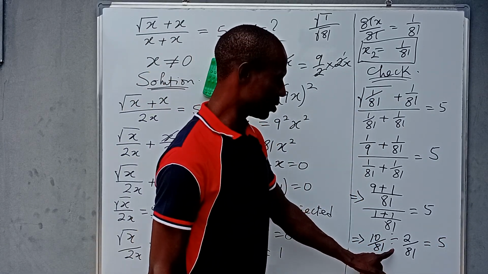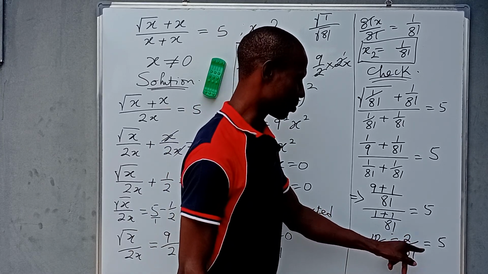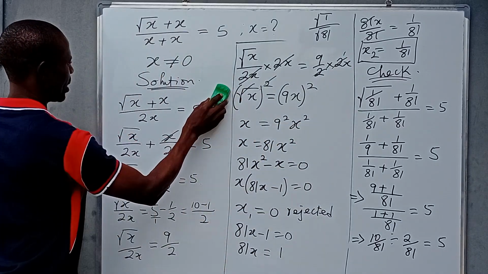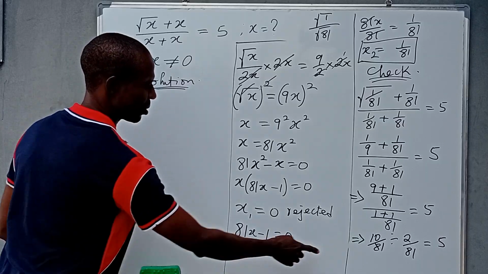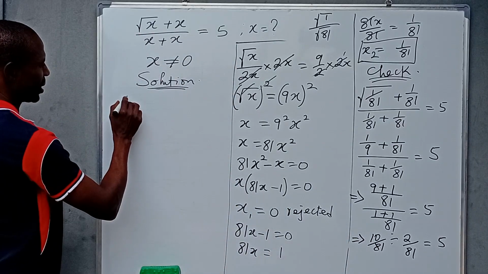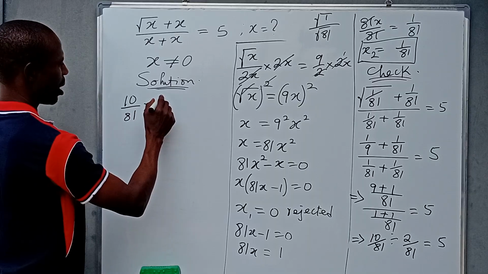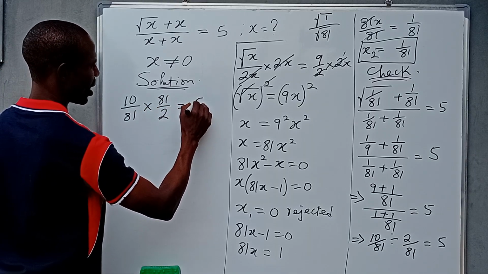And remember, when we do that, this denominator will come up and this numerator will come down. Okay, so let's continue on this side here. All right, so continuing from here, this is going to give us 10 all over 81 times 81 all over 2 equal to 5.